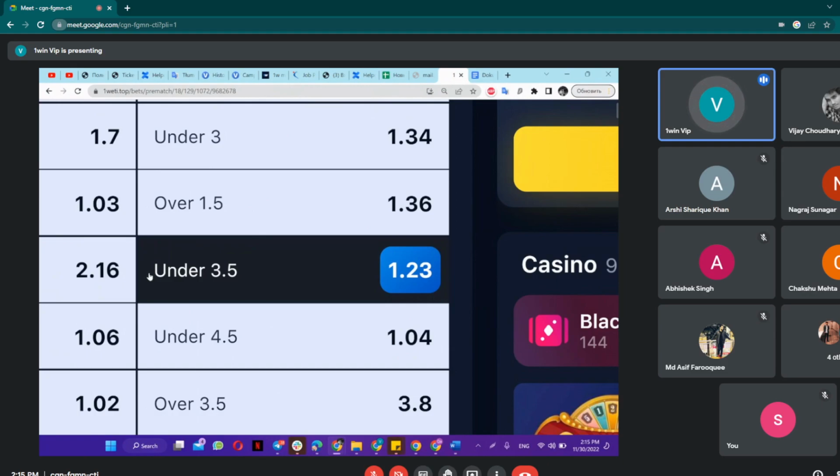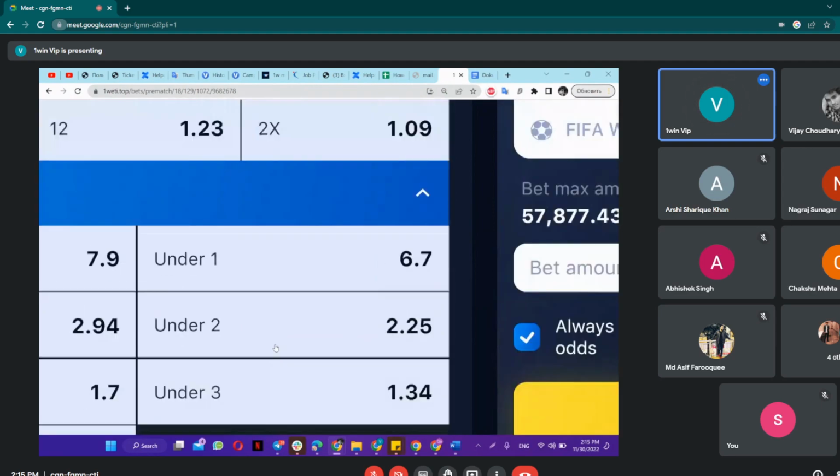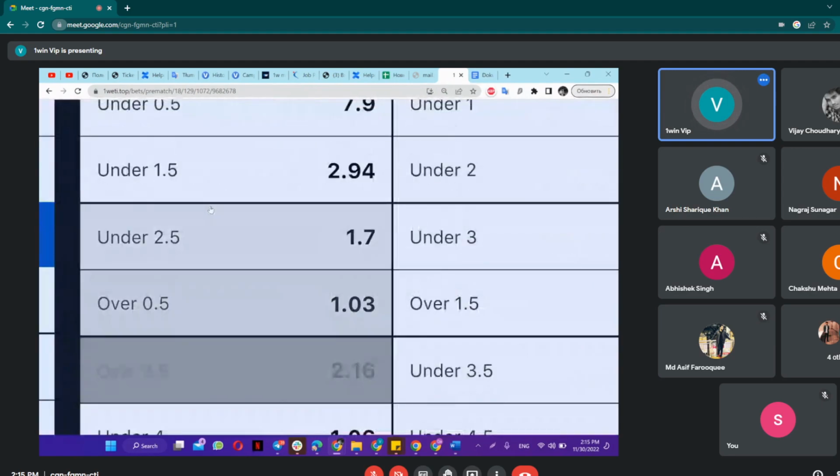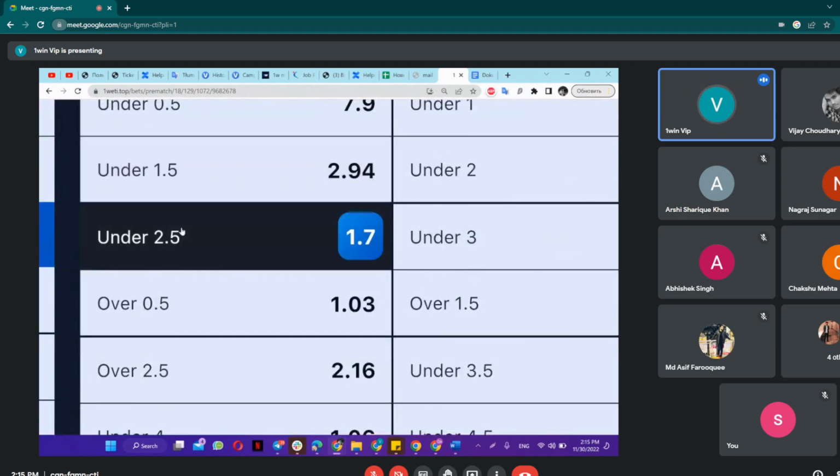But for example, if I place a bet under 2.5, for me to win my bet and receive the winning amount, these two teams should have less than 2.5 goals made together. So 2, 1, or 0.